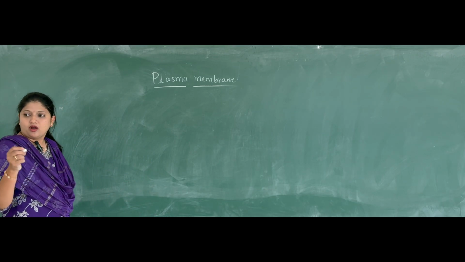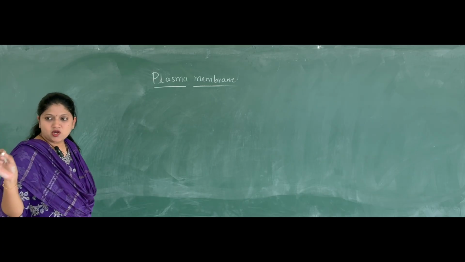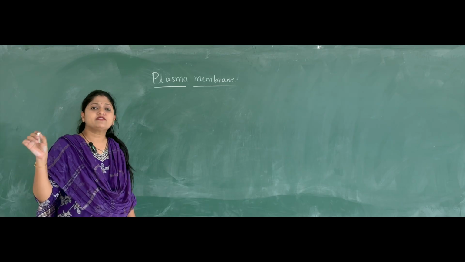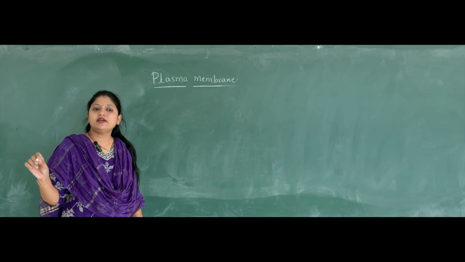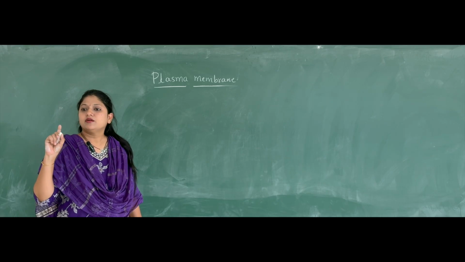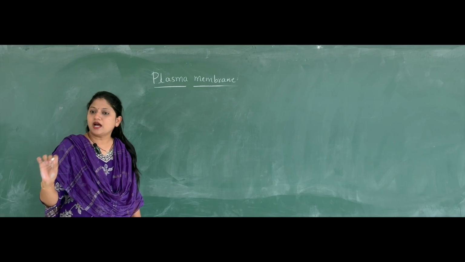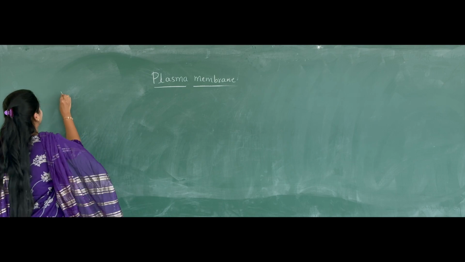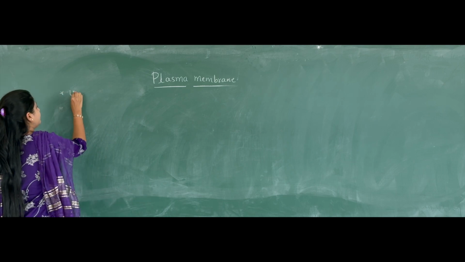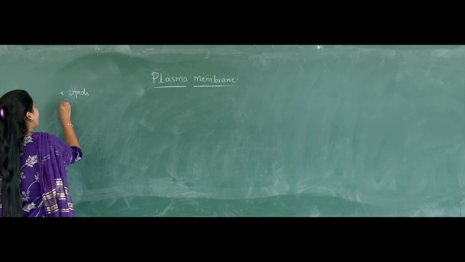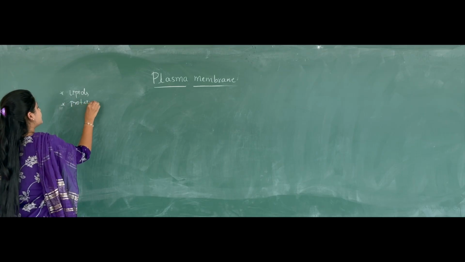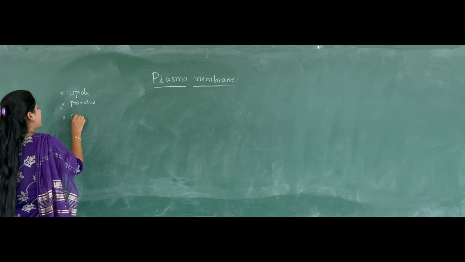However, all the plasma membranes of different organisms and different cells will be having the lipids, the proteins and the carbohydrates. So the major constituents of the plasma membrane are the lipids, proteins and carbohydrates.